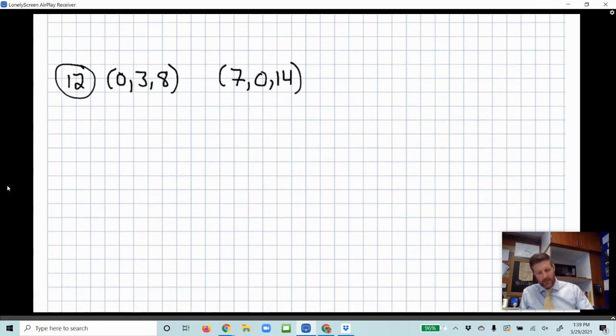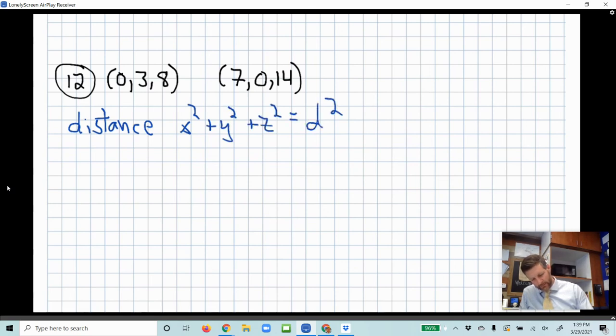And the last thing is, can we apply the distance formula and the midpoint formula to a series of points in three dimensions? Okay, so let's first do distance, which is the same as diagonal. Distance is just x squared plus y squared plus z squared equals d squared. Just remember x, y, and z are the distances between them.